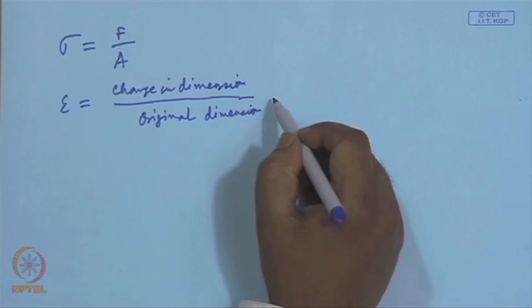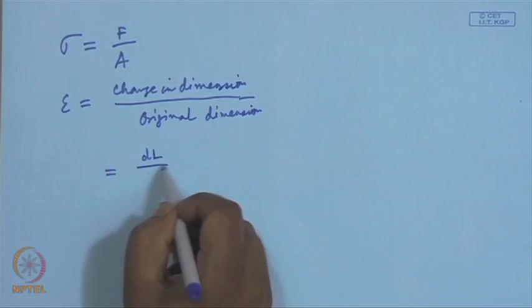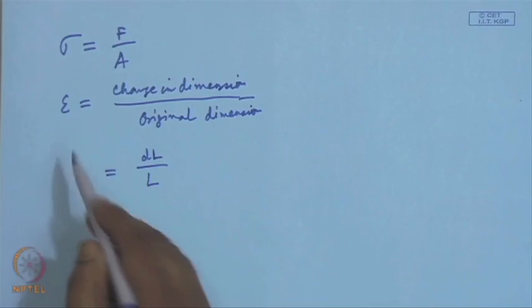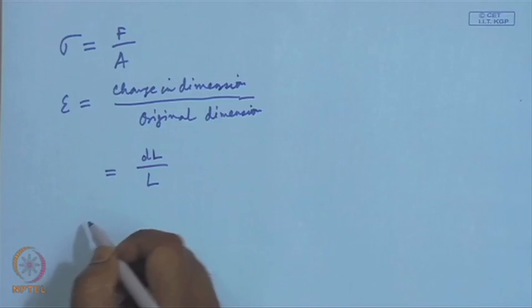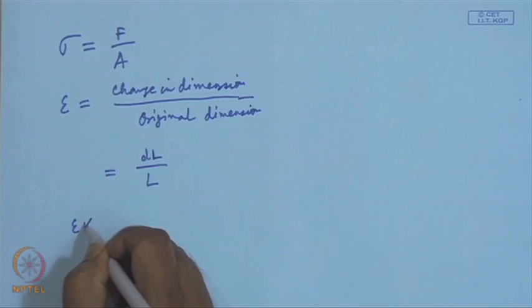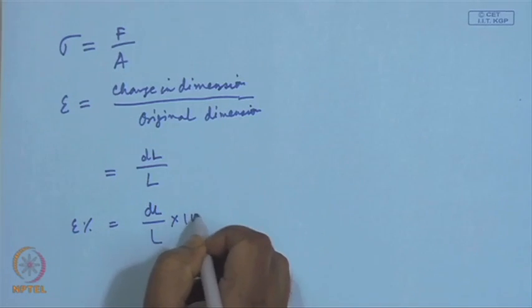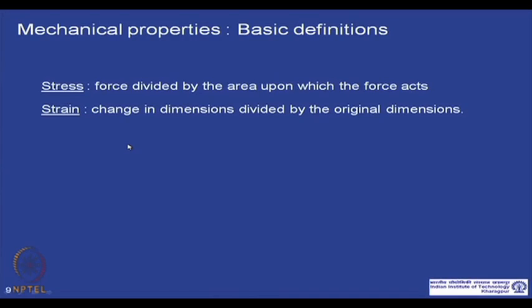So, if you talk about length, then it will be change in length by total length. Typically, we express strain in terms of percentage. So, strain percentage is given by dL by L into 100. So, that is the strain percentage. We will be using stress and strain very frequently in coming discussions.